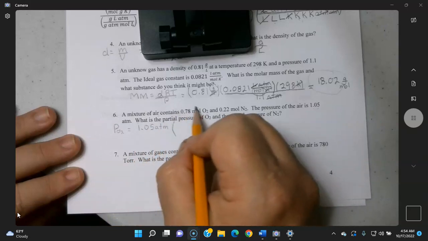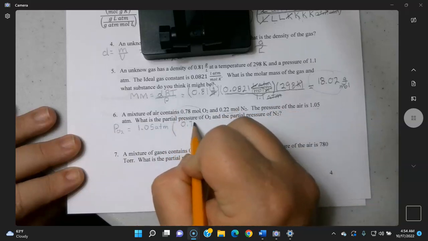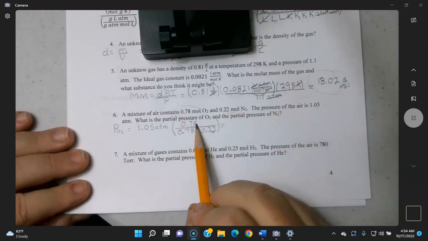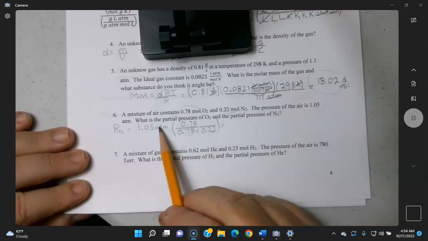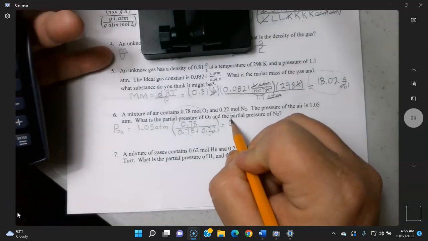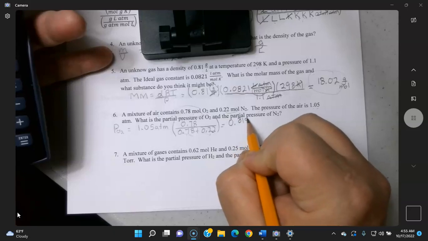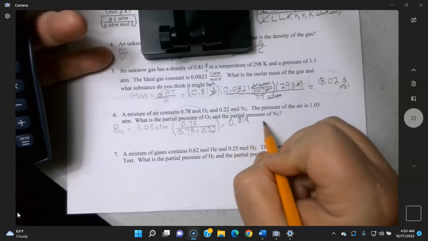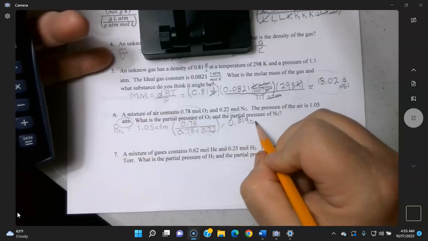So what is that? Everything's in moles, so you don't have to convert anything from grams. So we take this and divide it by these two added together, which is going to give you 1, and multiply that by 1.05. And that gives us 0.819, and it is in atmospheres, because it tells us right there that we're using atmospheres.